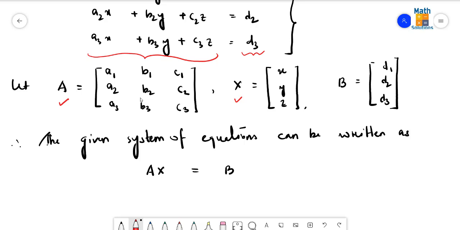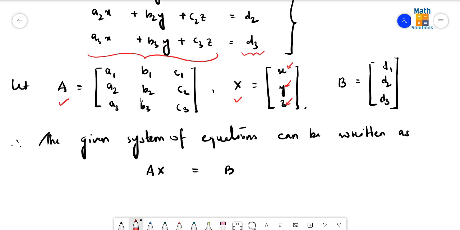So our intention is to derive the values of x, y and z, and that is the method by which we can solve this system of equations.